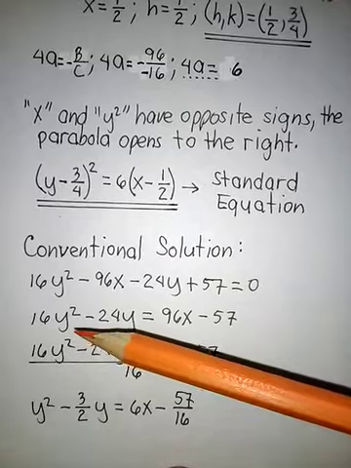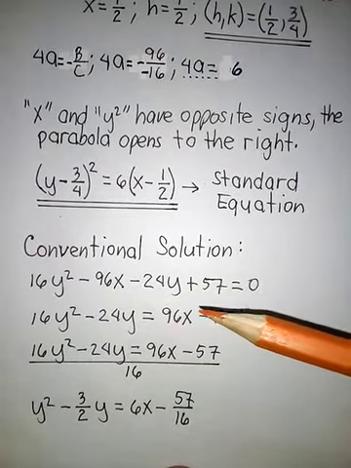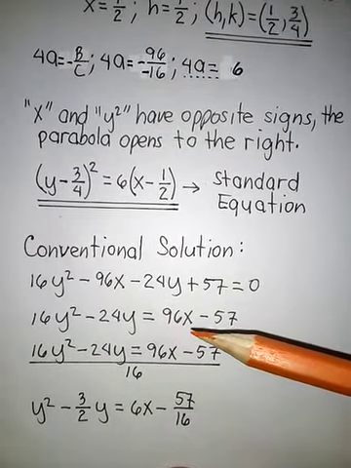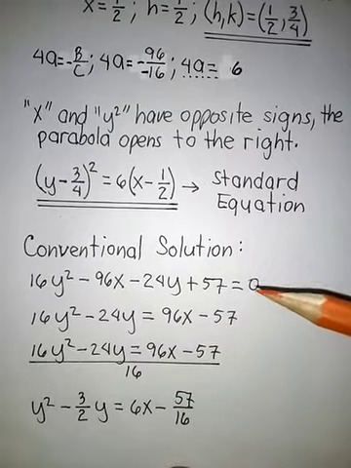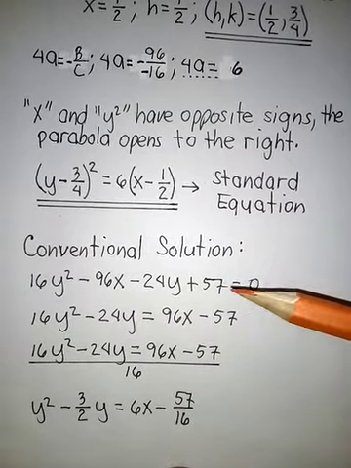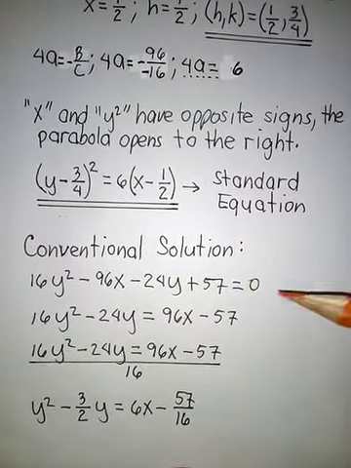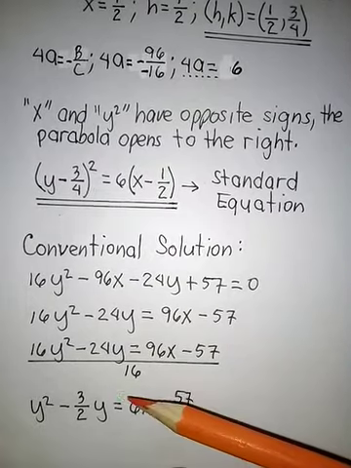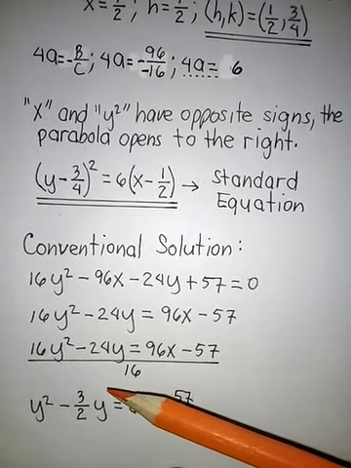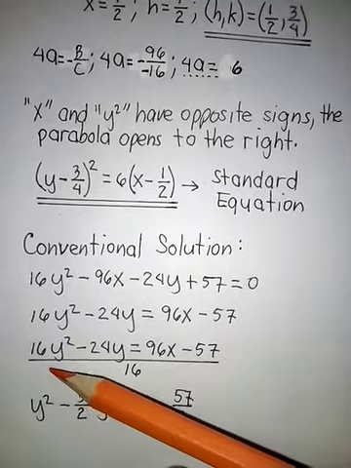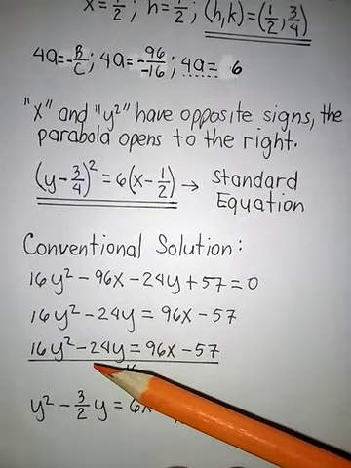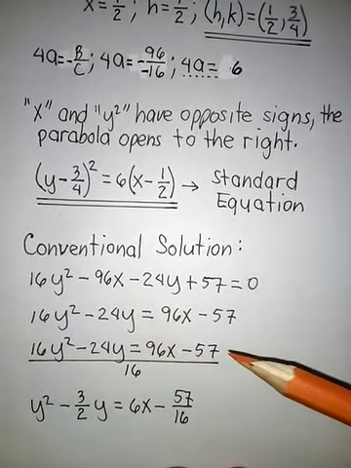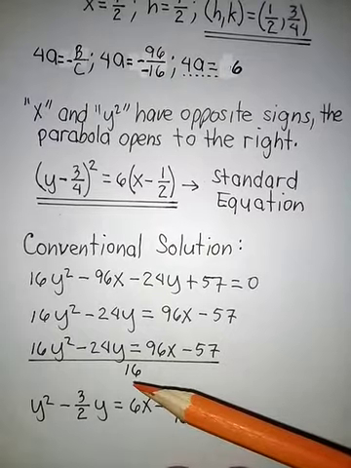So this will become 16y squared minus 24y is equal to 96x minus 57. The same with positive 57, transpose it to the right. So divide everything by 16. So we have 16y squared minus 24y is equal to 96x minus 57, divided by 16.